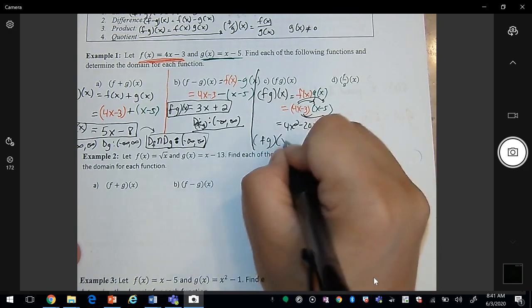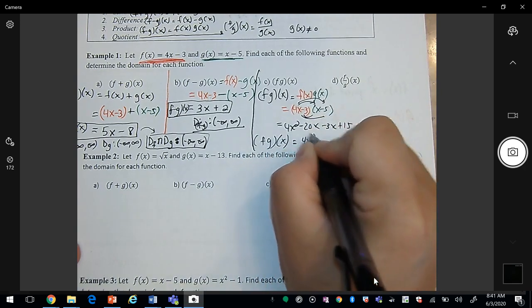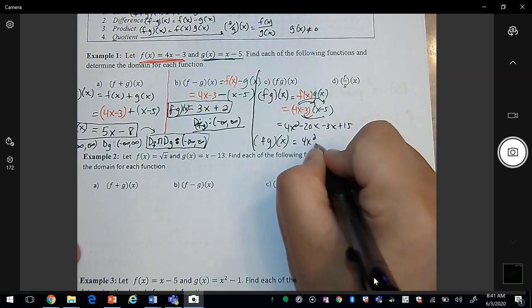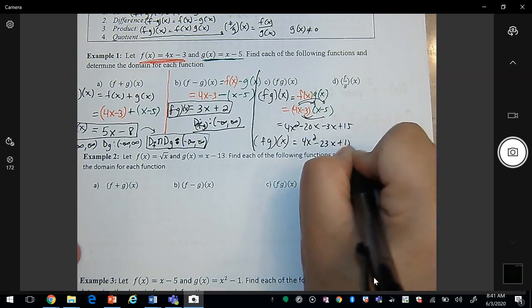So the product is equal to 4x squared, negative 20x minus 3x is negative 23x, plus 15.